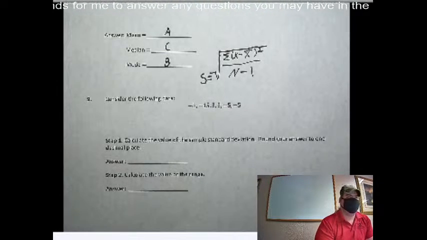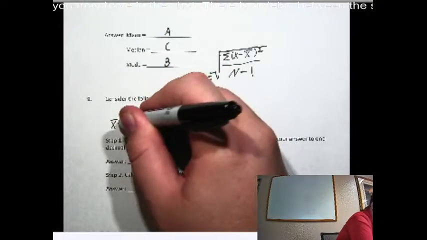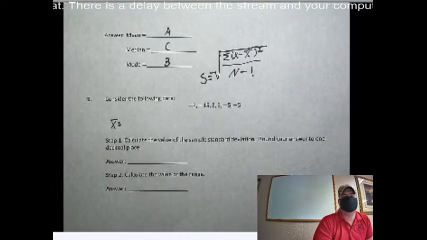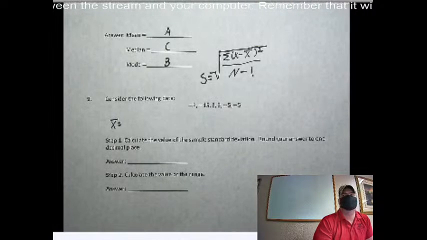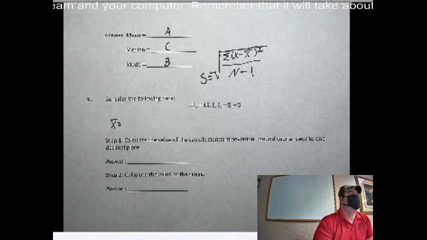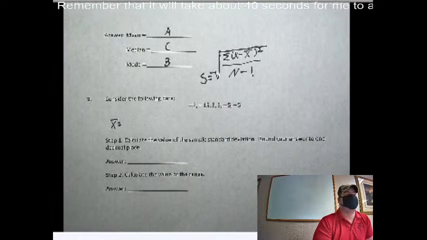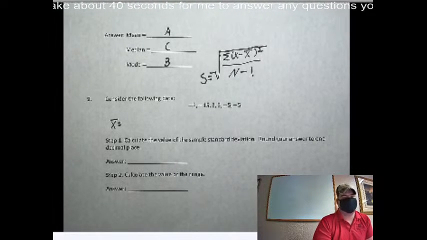So we need to know a few things here. First of all, what is x bar? What does x bar represent? Anybody? Okay, x bar is the mean. It is the average. Specifically, it will represent a sample mean.